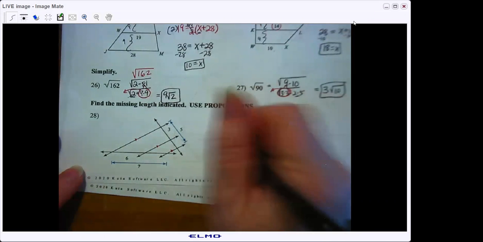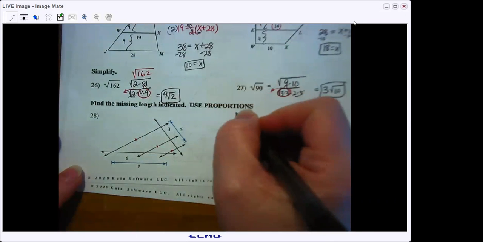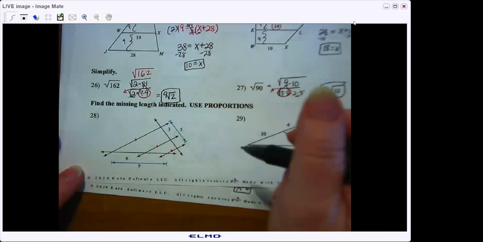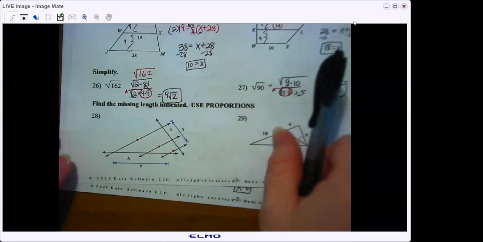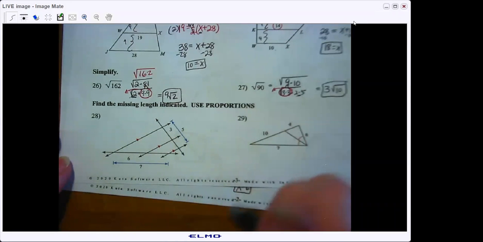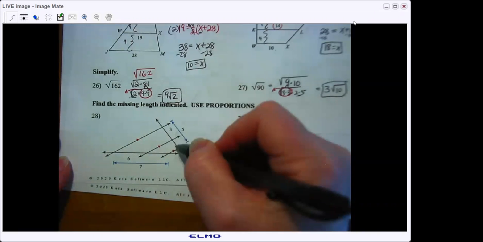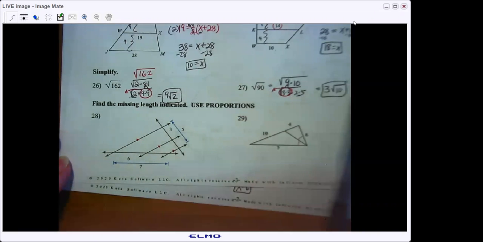We want to set up a proportion to solve for the missing side. There are several ways to do that. We can do part to part, part to whole, etc. Since we're given the whole length, it might be in our best interest to use part to whole.